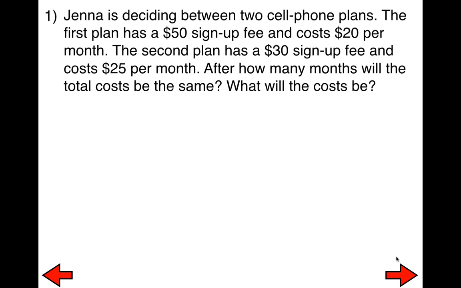What if I ask the same exact question, but I want you to solve it using a system? What could we do? Well, if I said x is going to represent the number of months and y is going to represent the total cost, what would I do?